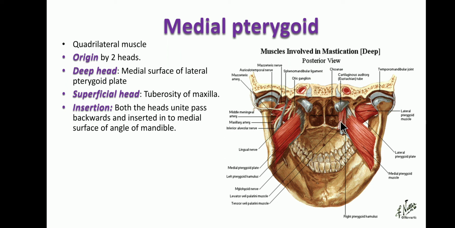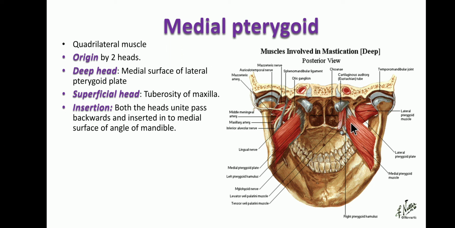Here you are able to see the inner aspect of the medial pterygoid muscle. It passes backwards and downwards and is inserted into the medial surface of the angle of the mandible. This is the lateral surface of the angle of the mandible, and this is the medial surface.